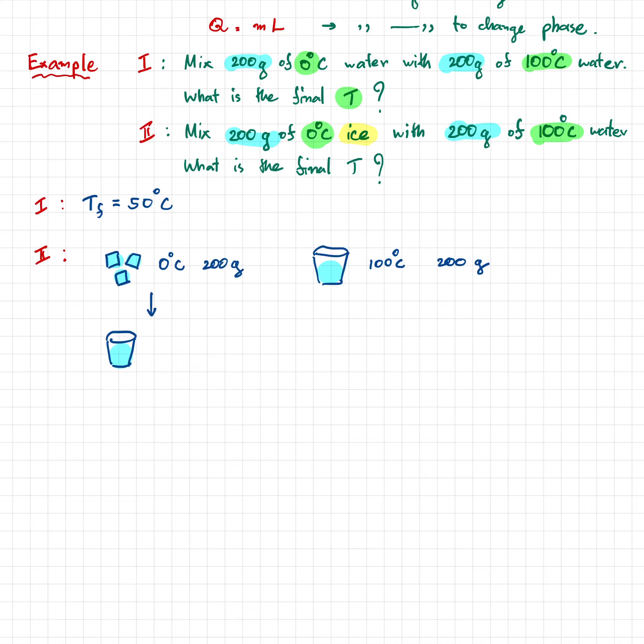So from ice to water, the temperature is the same, 0 degrees Celsius and 200 grams. But during this phase change, you need to put in some energy, right? So where does that energy come from? It has to come from energy of the hot water, right?